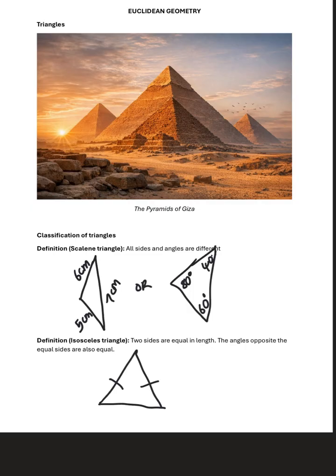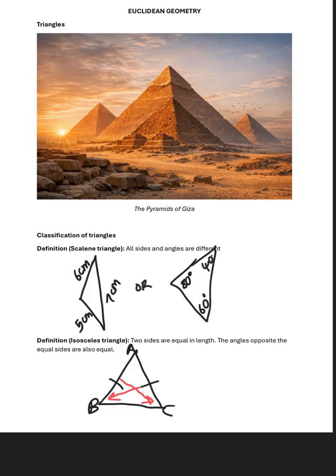And then if we have A, B, C, it means the angles at the base, this side is opposite this angle, right? So this side is facing this angle, and this side is facing this angle. Because the 2 sides that are facing these angles are equal, it means their angles are also equal.